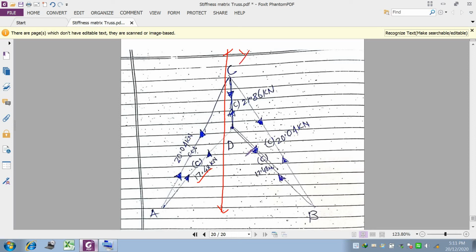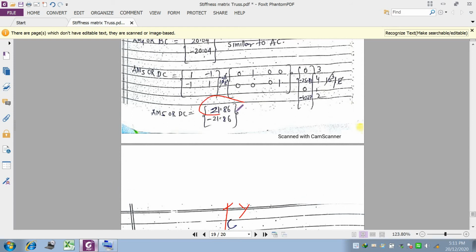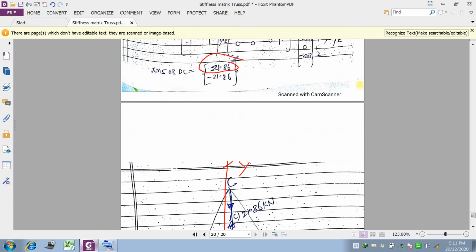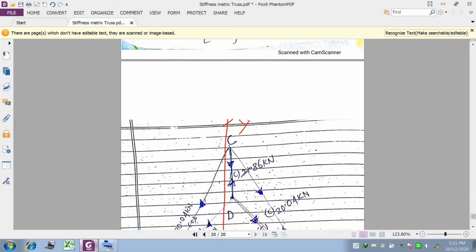This is the y-axis, so therefore this value and this value will always be the same. If you do not get these values the same, that means you have committed a mistake. Then the last value, what is the value for DC? It is 21.86. So it is also represented with the opposite sign, compression, in your diagram.